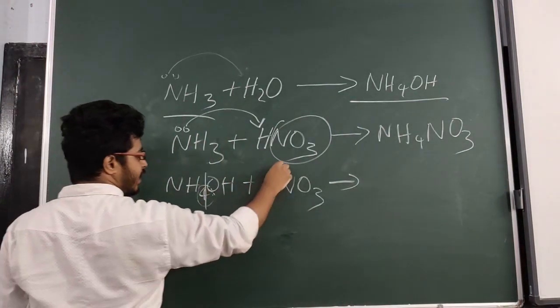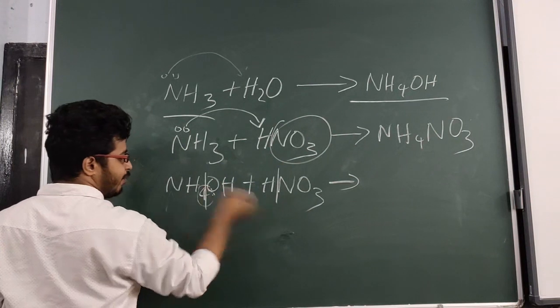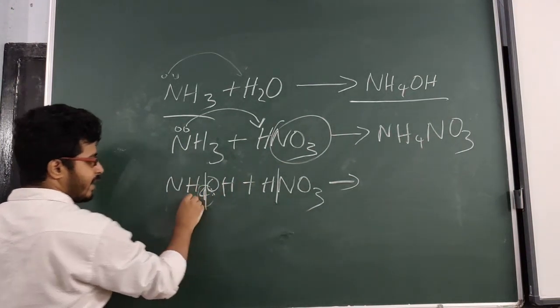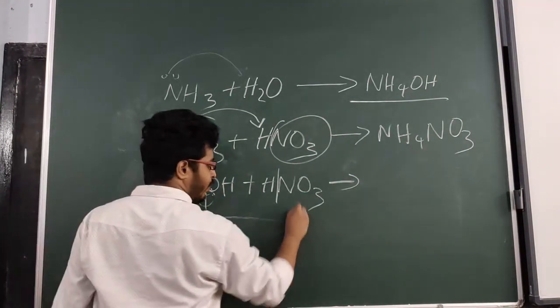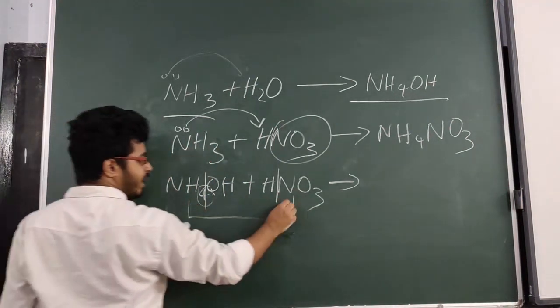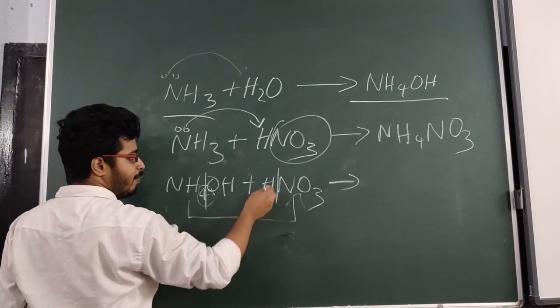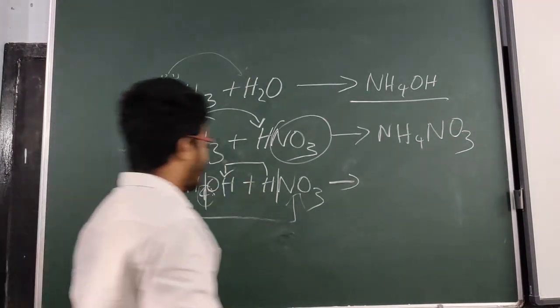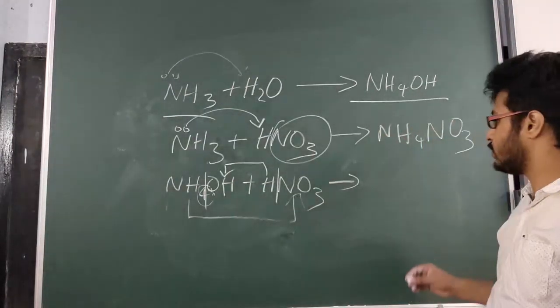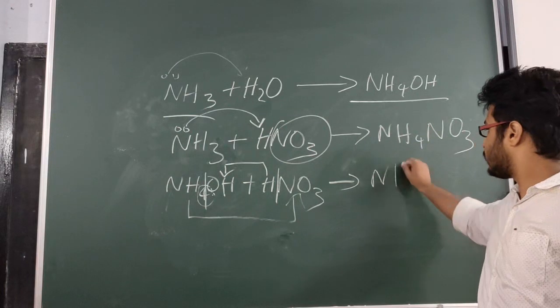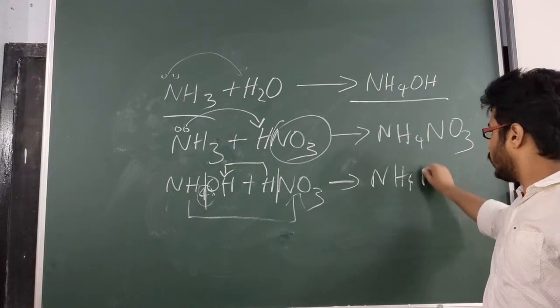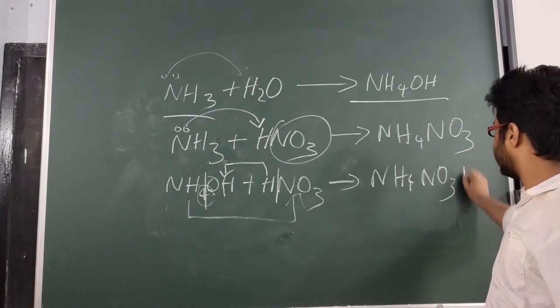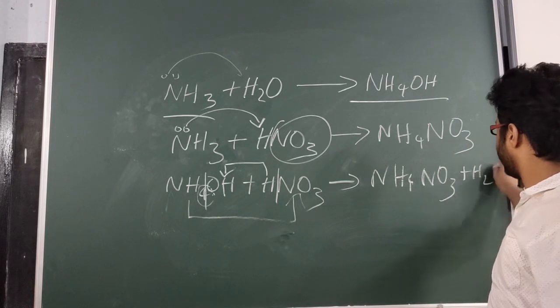This is the cation and anion separation, so we are supposed to exchange the cation and anion. NH4 will get NO3 minus, and H will get OH minus. So we will get NH4NO3 plus H2O.